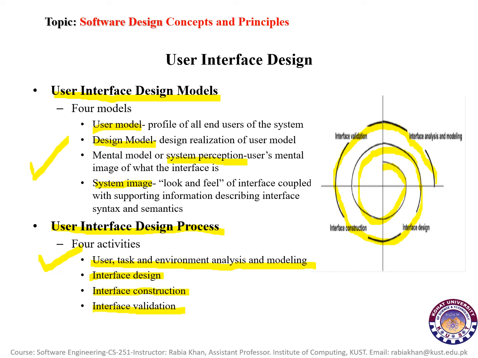Along with this, the software engineer attempts to understand the system perception for every class of users, how the user thinks about the system. So the software engineer needs to understand their needs or their perception about the system.